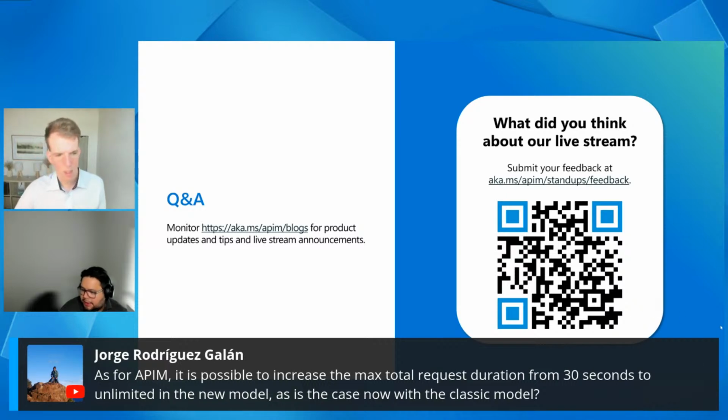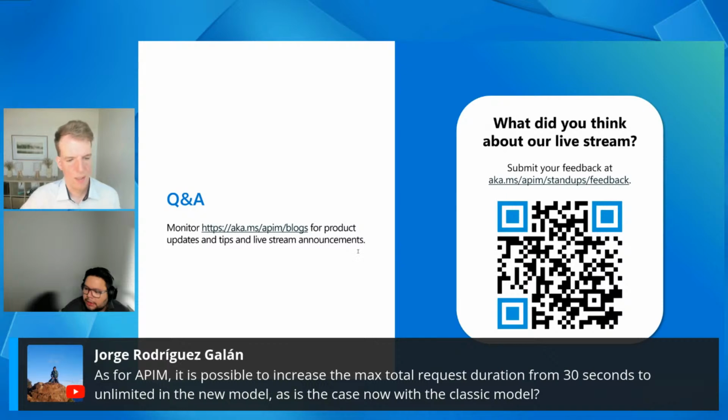He also mentions migrating. If this is the case from STV1 to STV2, then it should be completely possible. There's full parity between STV1 and STV2, but please confirm, Jorge, if you're talking about STV1 to STV2 or the send request policy.